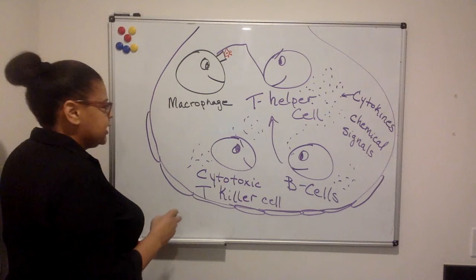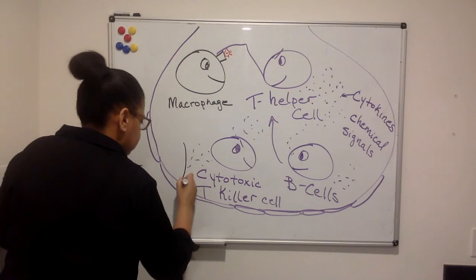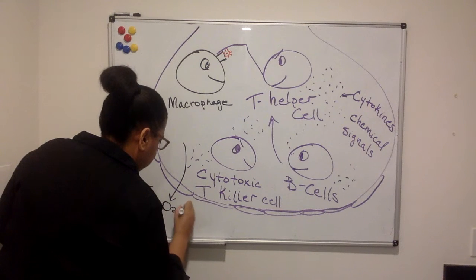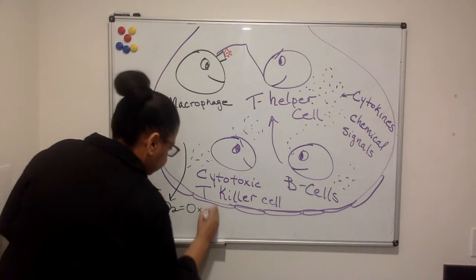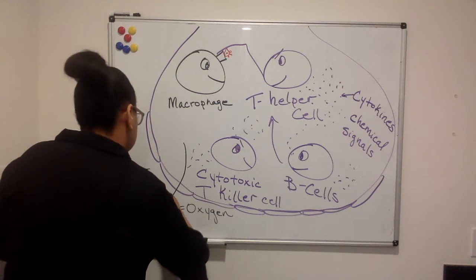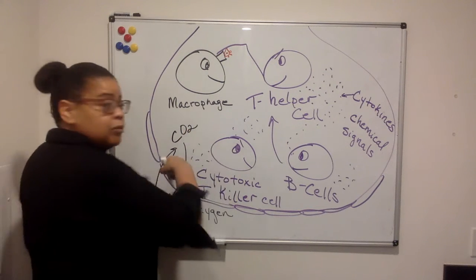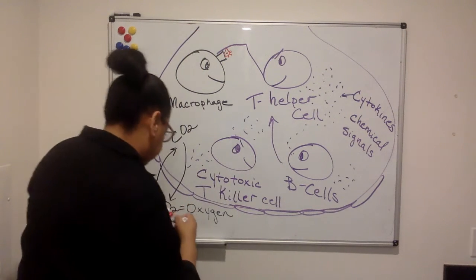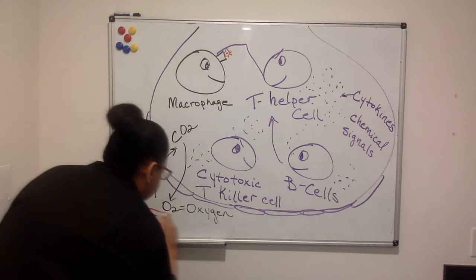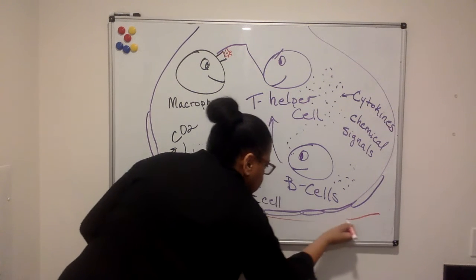What gases are exchanged? Well, oxygen goes in, O2, or oxygen, and then CO2 goes out, and we breathe it out. Right here, well, where is this oxygen going to?